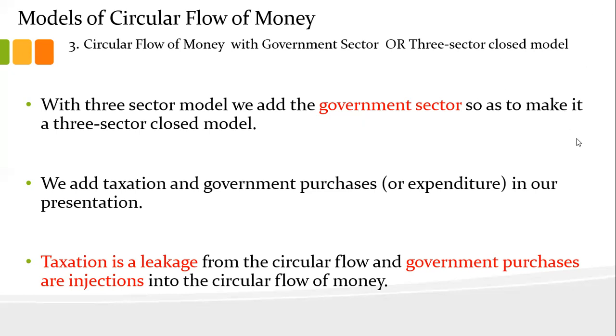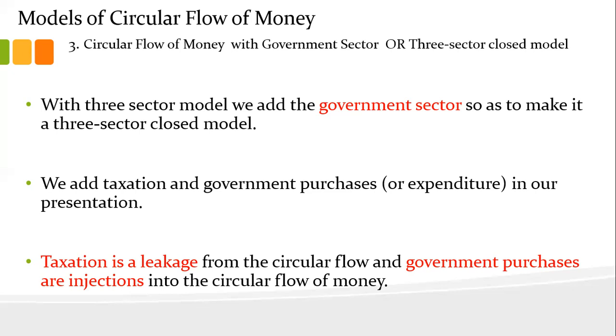So when the government sector comes in the picture, we add taxation and government purchase in our model. Taxation, as we know, means on our income we need to pay a certain percentage to the government as a tax. Government also consumes some goods and services from both household sector as well as from producers.